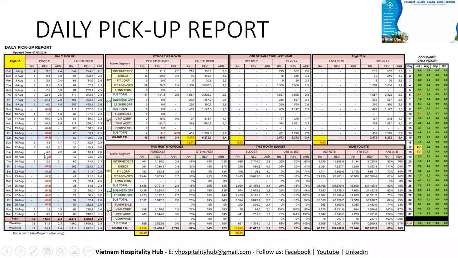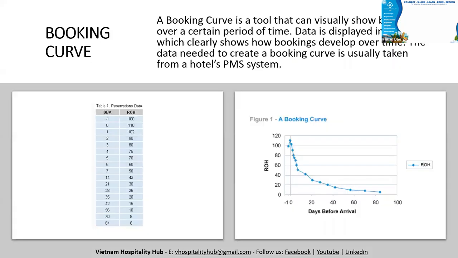You can do it for this month and the next 3 months, because I need to do the forecast for this month and the next 3 months. That's why we do 4 months over here, the occupancy outlook. So you need to do this report if you want to do revenue management for your hotel. This is your very first start.